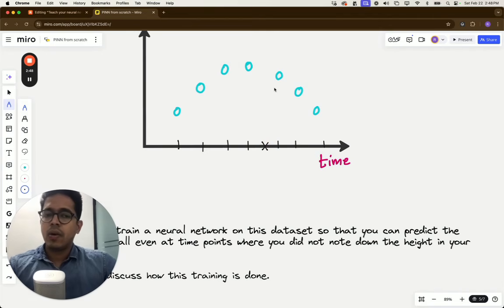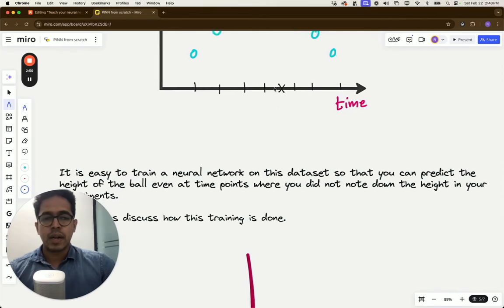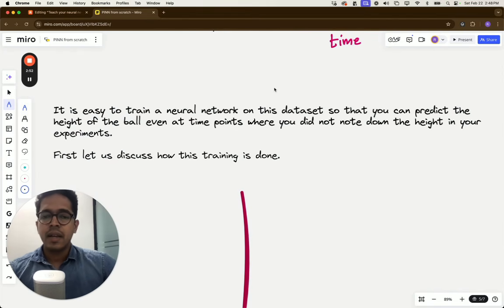So this is what traditionally neural networks do, right? They train on the training data. And when you want to test the neural network, you expose it to unseen data. So you expose, in this case, the neural network to time points which are not part of your experimental data set. So before going into that, let's quickly discuss how this training is done.